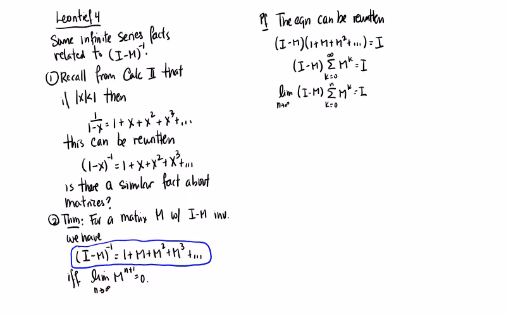And then what I'll do is multiply that I minus M inside the sum. Sorry, that's an n right there. And when we do that, we get M to the k minus M to the k plus 1.